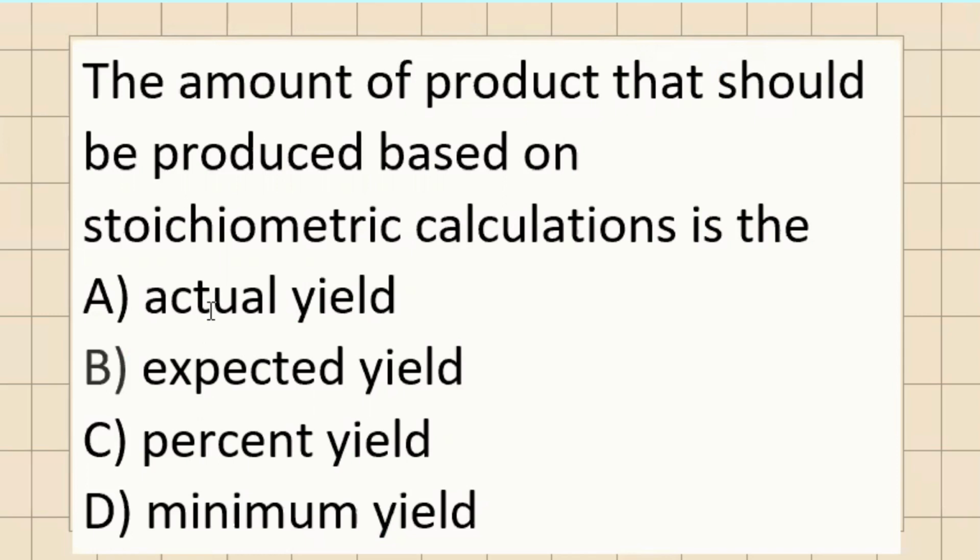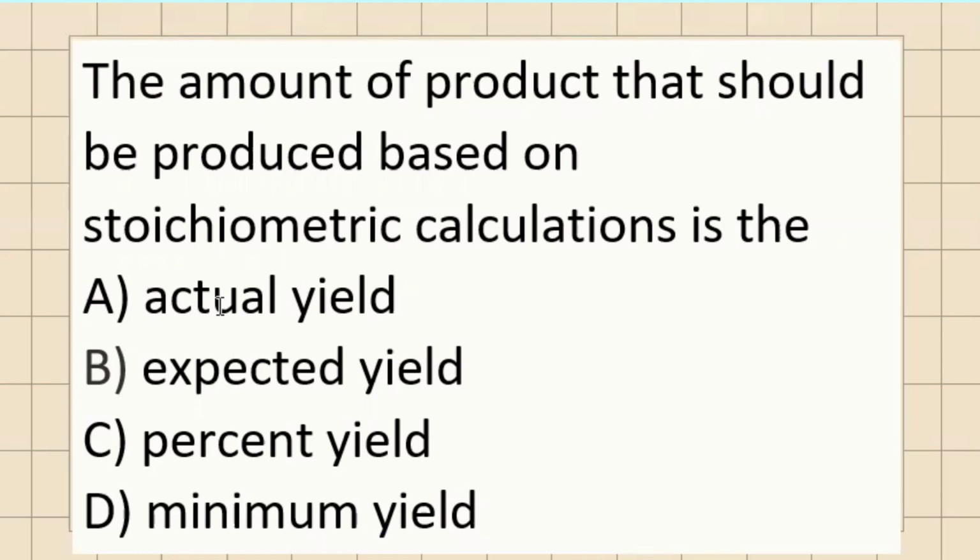Okay, the calculated amount of the product from the stoichiometric equation is the theoretical yield. Theoretical yield is the expected amount of the product, the calculated amount of the product, which is mostly greater than the actual yield.